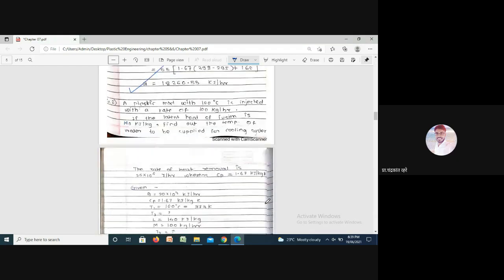Okay, so go for the second problem. The second problem is: a plastic material with 100-degree temperature, means this is T1, the initial temperature, is injected with a rate, so rate means M. Just remember these units.